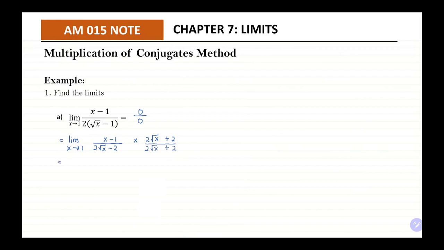Okay, then we expand. The tip is, don't expand what is not the same. Okay, the numerator is not the same, so we don't need to expand. We just put (x minus 1) times (2 plus root x). Don't expand so that it is easier for you to solve. Okay, divided by the denominator, which is the same, so we solve. 2 times 2 is 4, root x times root x is x, minus and plus, and 2 times 2 is 4.